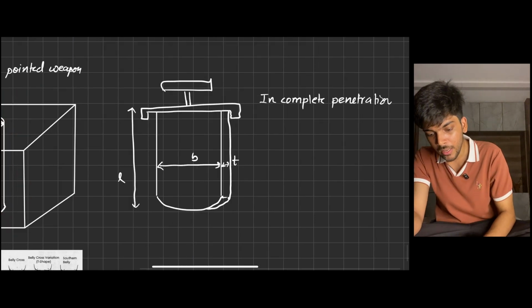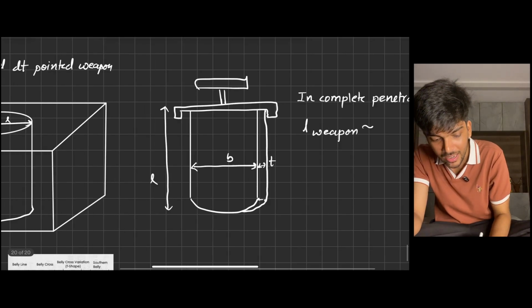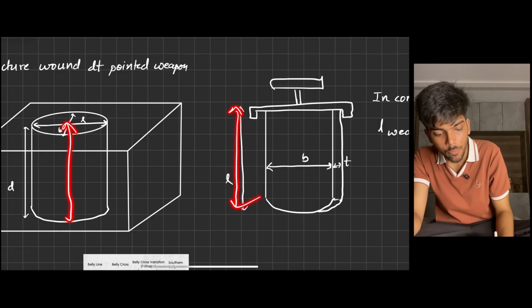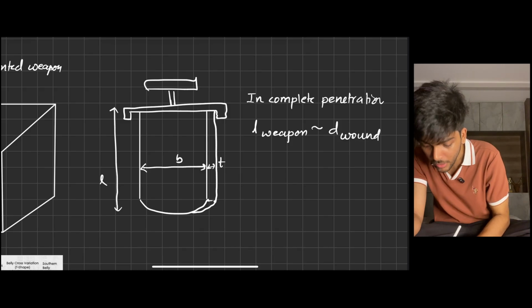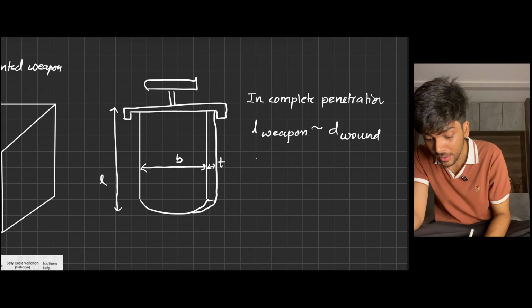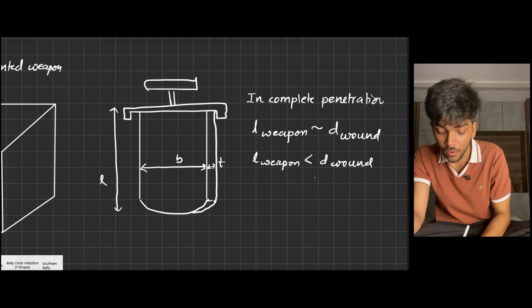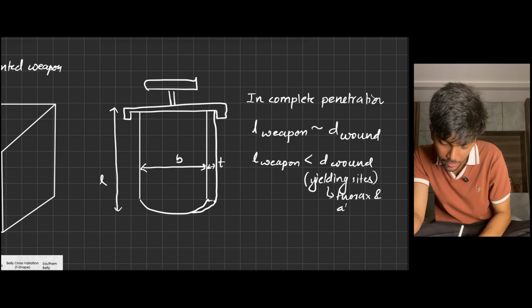what happens? The length of the weapon is equivalent to the depth of the wound. But there are some exceptions where the length of the weapon might be less than the depth of the wound. That is, the depth of the wound is more than the length of the weapon at high yielding sites, like thorax and abdomen.